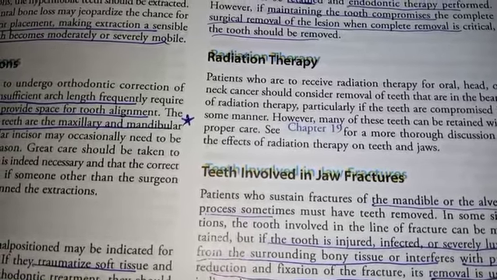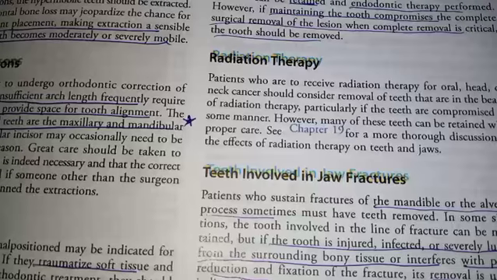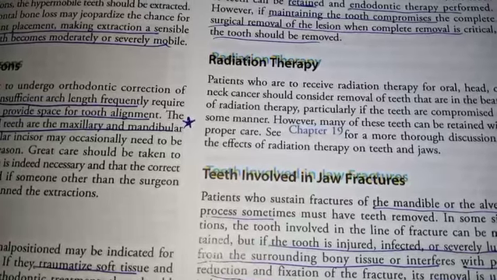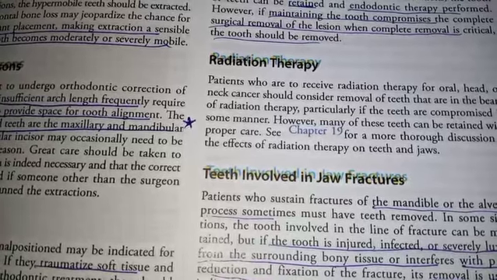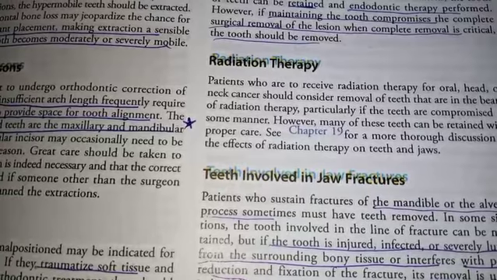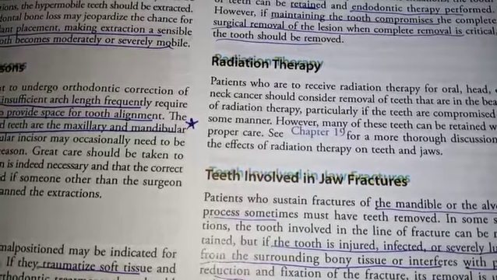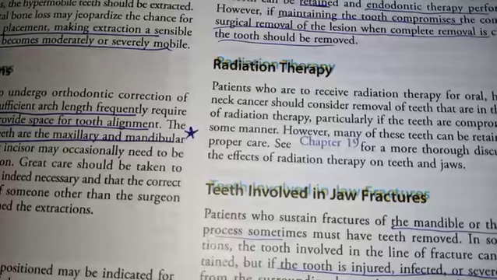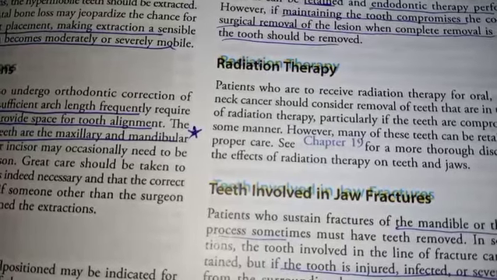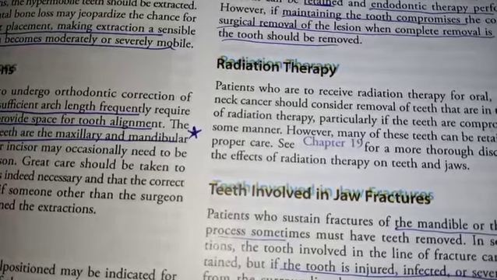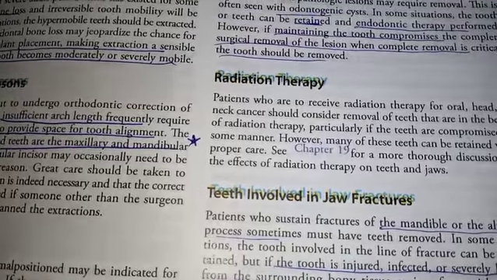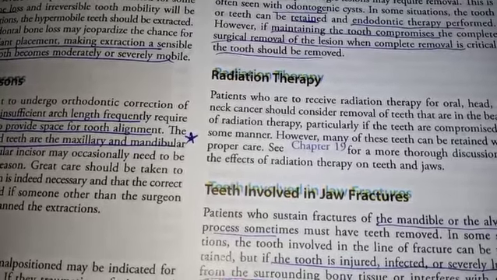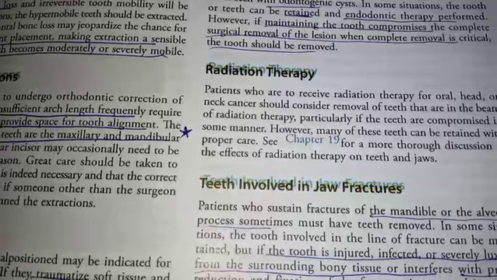Now the fracture has occurred, so the root has also been exposed. Okay, now if you don't remove it and only fix the fracture, then it means the source of infection is still there.